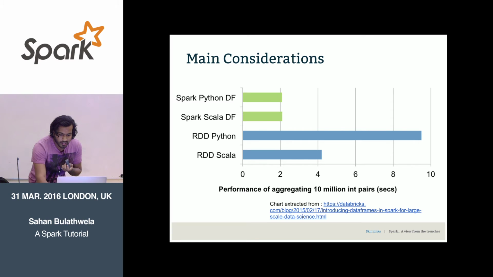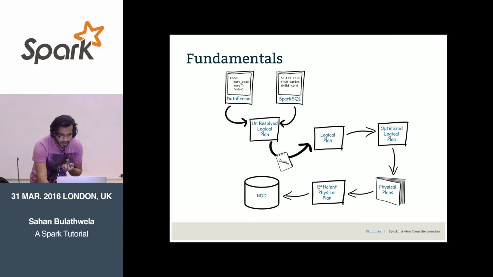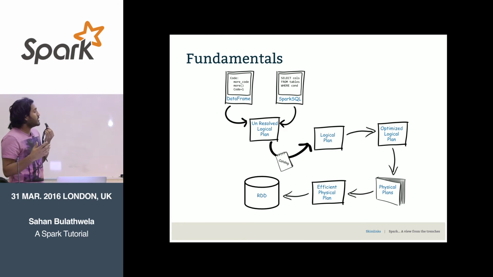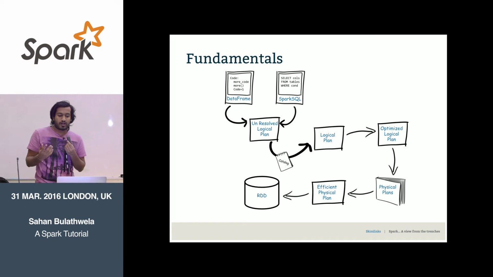So, I will spend the next slide explaining how the DataFrame SparkSQL API works. Here we have two different interfaces through which the user expresses the logic to the Spark engine.